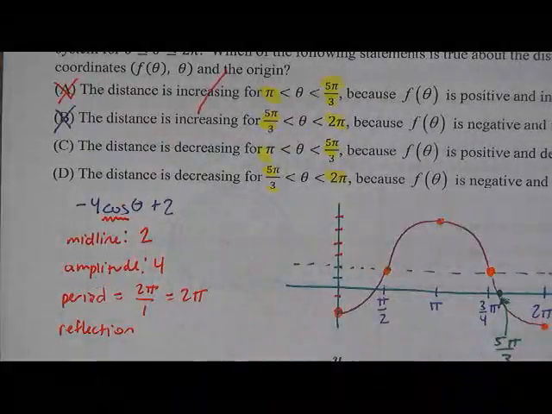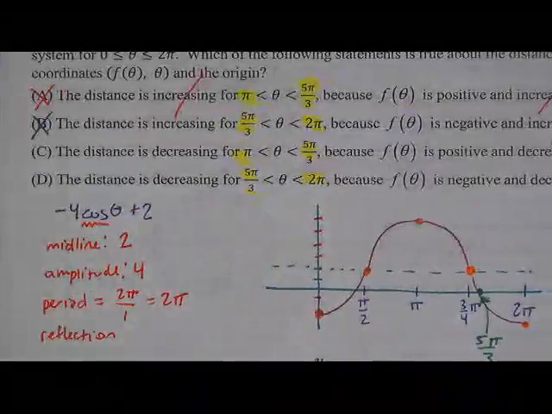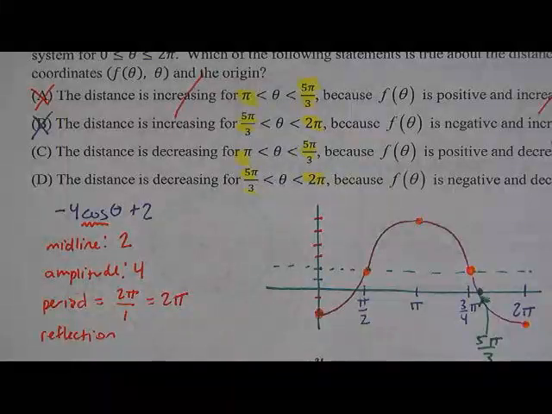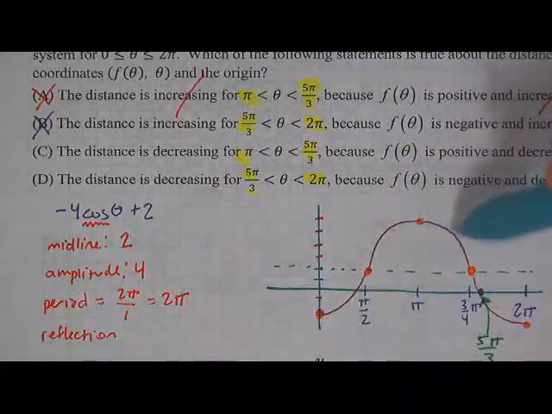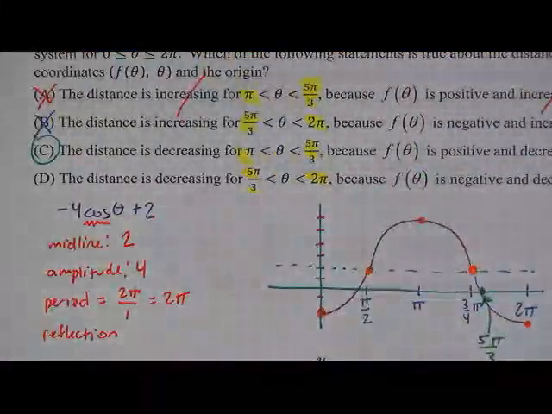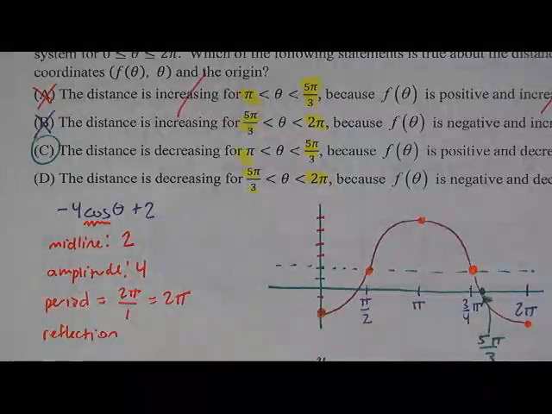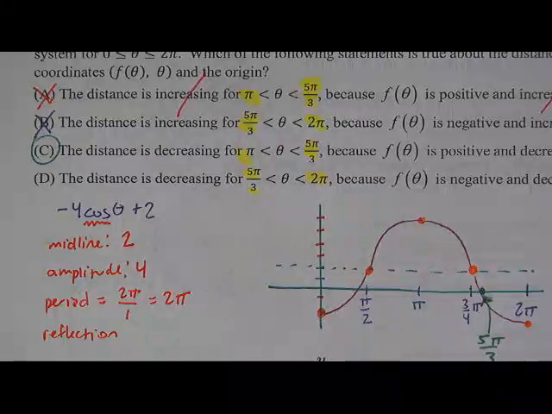Okay. C. The distance is decreasing. So we're getting closer to the origin from pi to 5/3 pi. Yes. Because we're positive, yes. And decreasing, yes. You have to pick it all apart. If you don't read the end, you might have accidentally picked B, because B was right all the way till the very end.